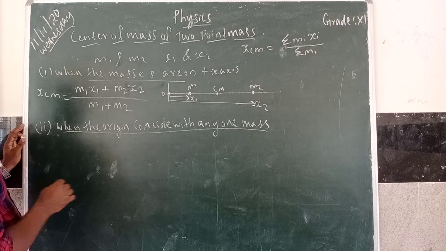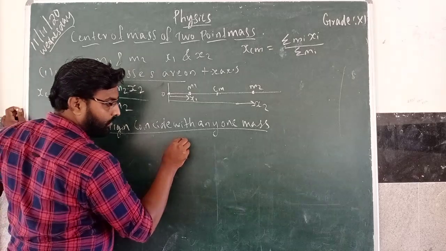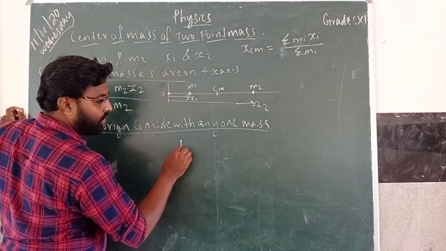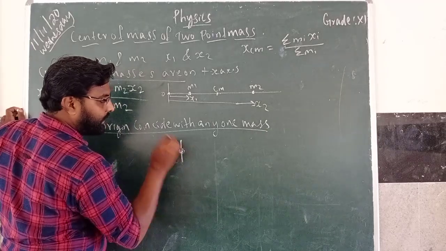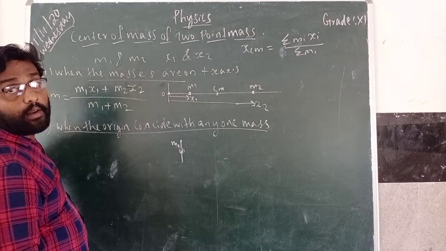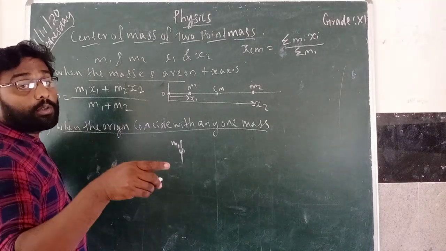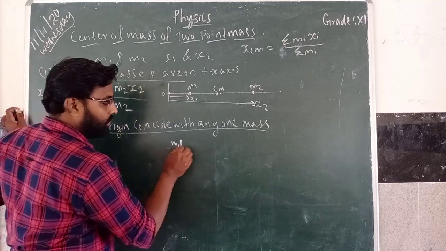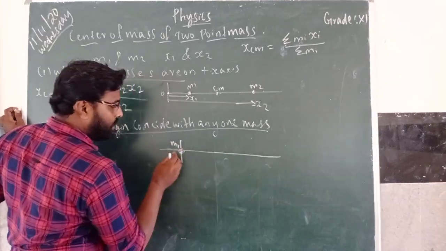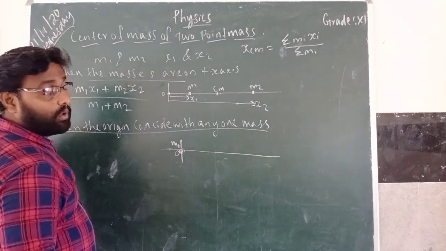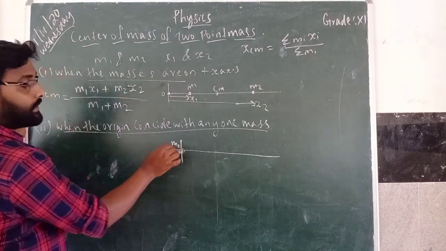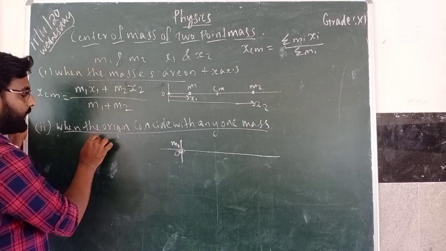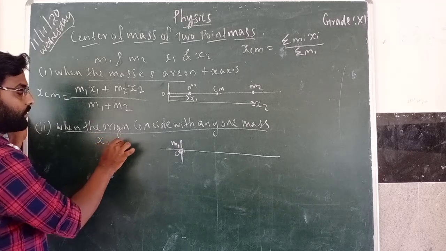Now you can write, you see, this is a diagram. The origin coincides with one of the masses. So the mass at the position x1 is at the origin. Origin means 0. So x1 is equal to 0.